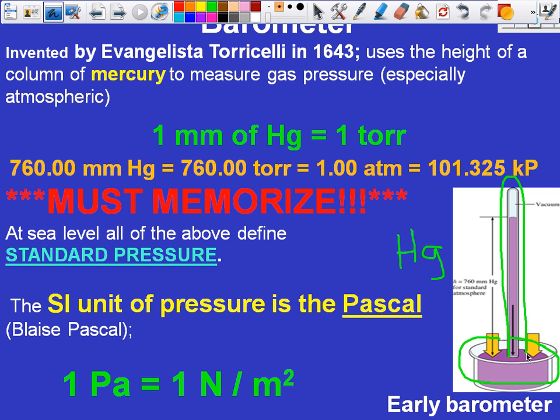And what happened is, whenever Torricelli put this together, he noticed that there was a pressure being forced down on this liquid. And whenever the pressure was pushing down, he noticed that the liquid in the container went up into the tube. So he was thinking, all right, how can I connect these topics? How can I figure out how much atmospheric pressure was pushing down on this liquid?